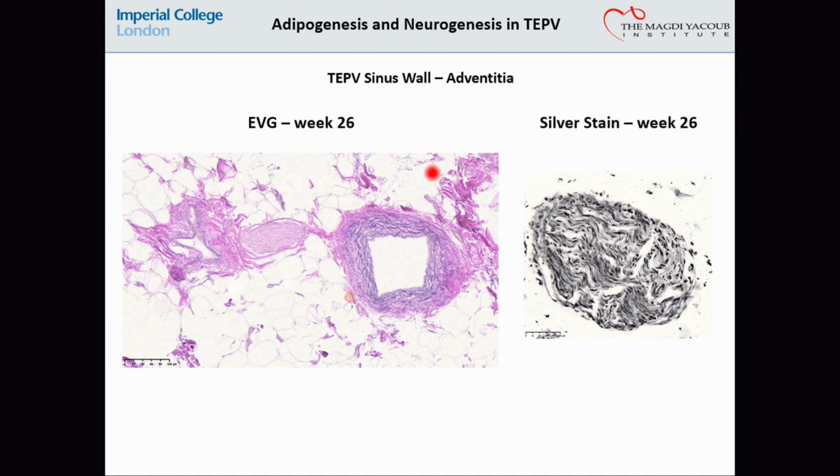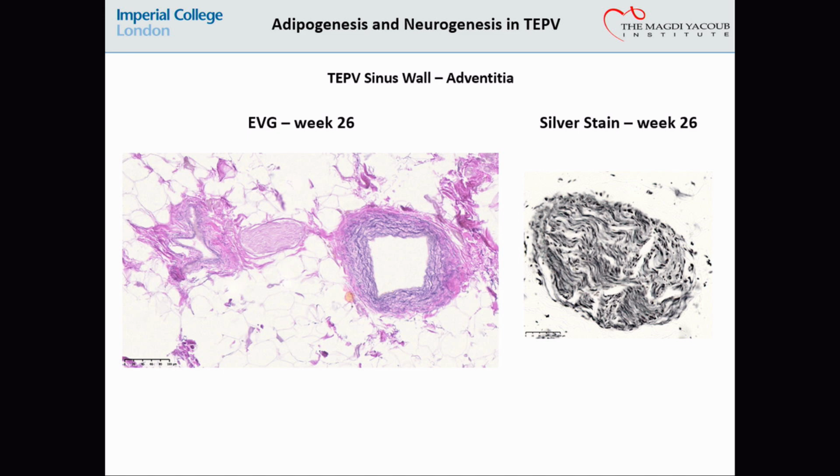Again, you can see the nerve bundle here, and it's juxtaposed with a very well-defined artery with lamellae stained with elastin and a vein either side. So the expression of nerves and vessels is very closely linked.